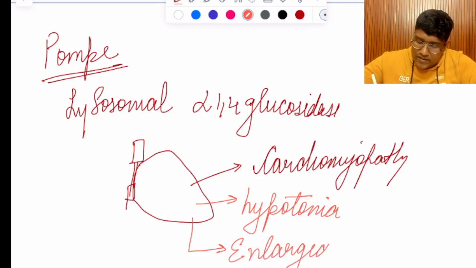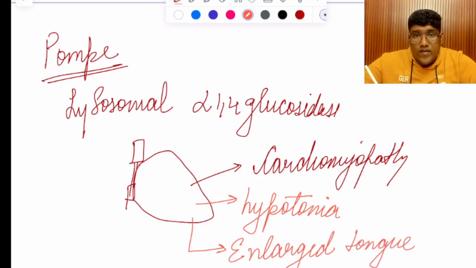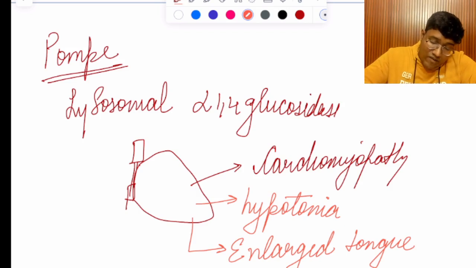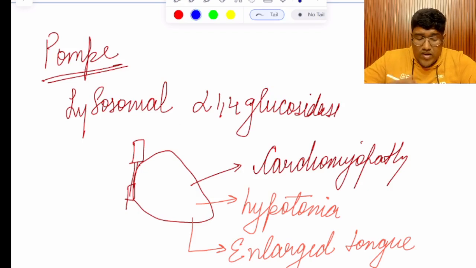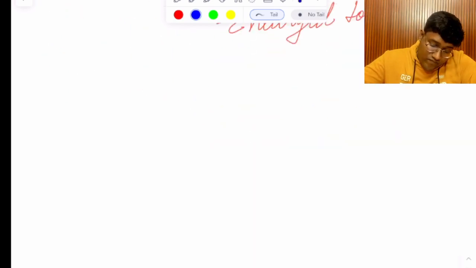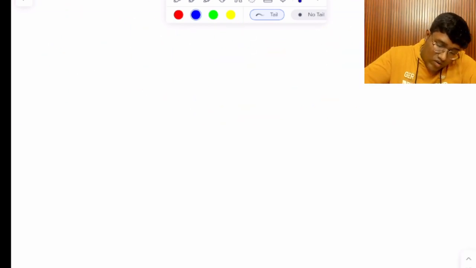Enlarged tongue is seen in hypothyroidism in infants. We can see the same enlarged tongue for Pompe's disease because lysosomal alpha 1,4 glucosidase is deficient. Now this is Pompe's. Now there are other diseases, right? So you should remember this mnemonic when you go to Cori's and Anderson.